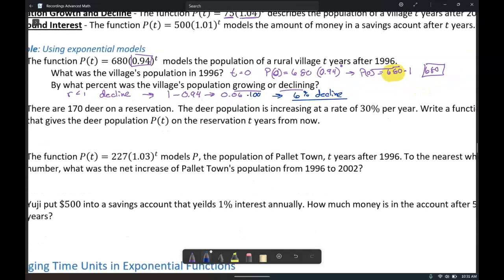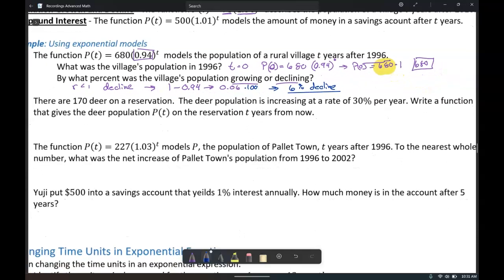Using the same idea, we can write our own function that models the reservation population of deer. So we're looking for p of t equals a times r to the t. Well, a is our initial value, and since it started with 170 deer, that's our a value. Now, r is found by adding or subtracting the percent from 1.